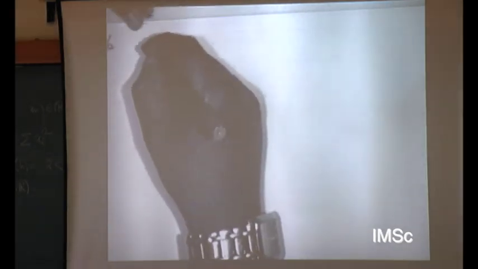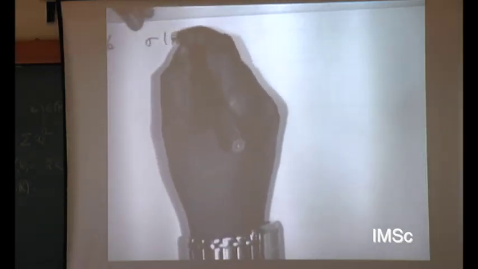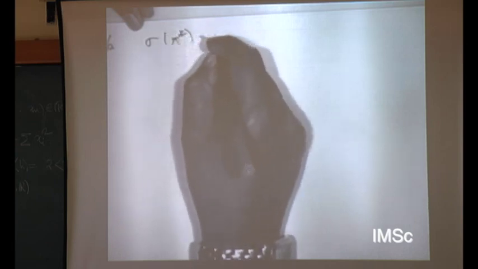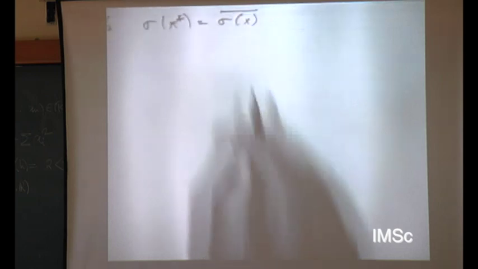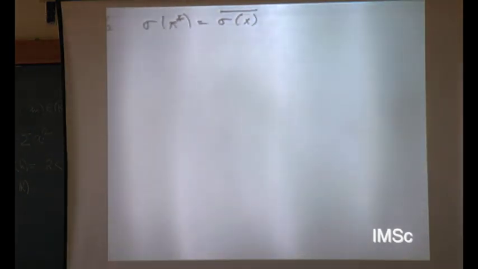Okay. One more such thing, which is, I want to say that the spectrum of x star, that this is true not just for analytic, even for the conjugate function.